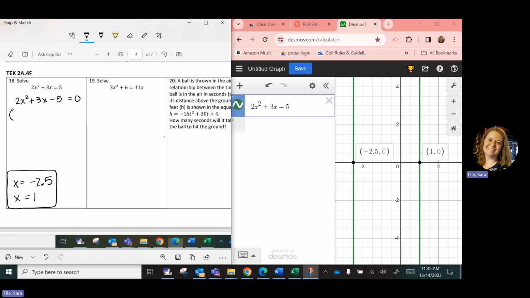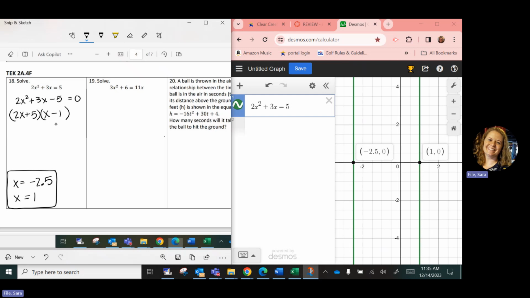I could do my trinomial factoring, whichever method you prefer, guess and check, box method, grouping, but what it comes out to is this, okay? So this is what it would come out to. I just did guess and check in my head. You may have to do box method or grouping. I don't care what factoring method you choose. This is how it factors.